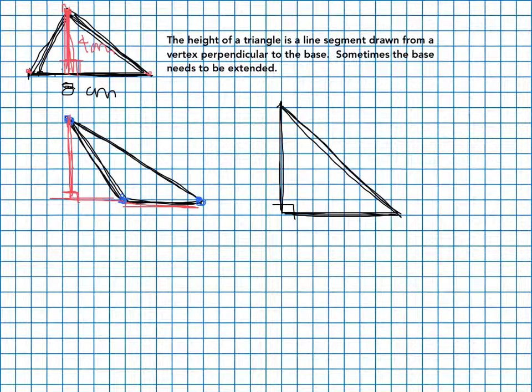Well, it really doesn't matter, does it? Because what do I already have? I already have a perpendicular right here. So what I can do is go 1, 2, 3, 4, 5, 6, 7, 8, 1, 2, 3, 4, 5, 6, because I already have my perpendicular.